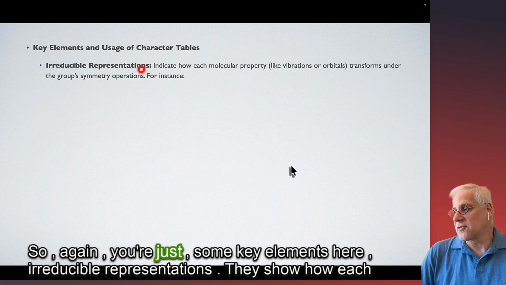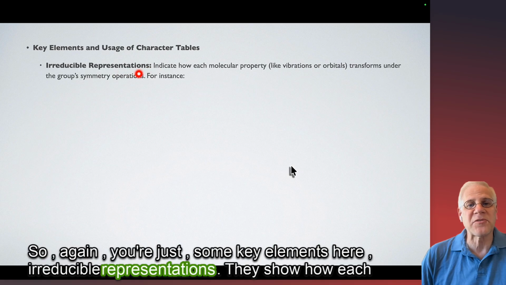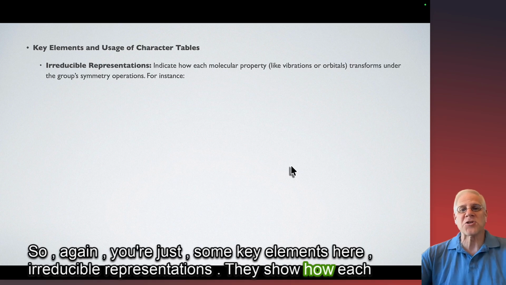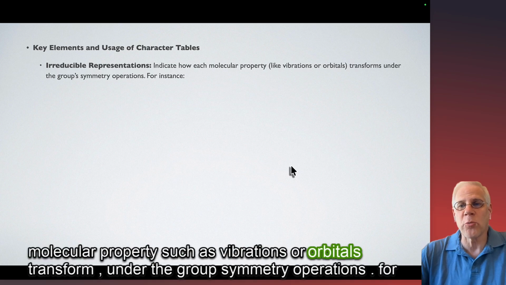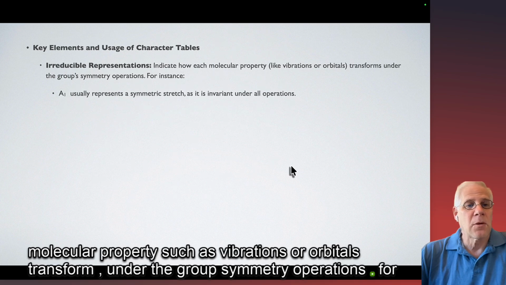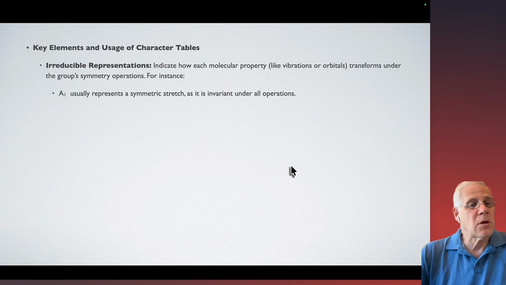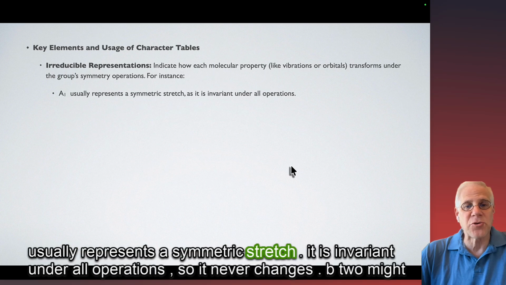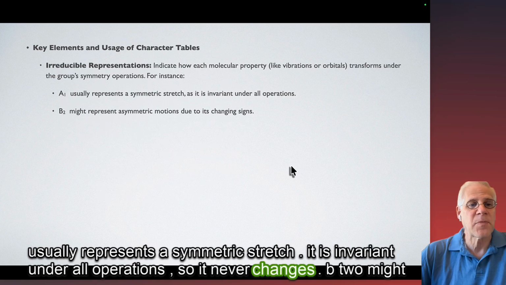So again, some key elements here: your irreducible representations show how each molecular property, such as vibrations or orbitals, transform under the group symmetry operations. For instance, an A1 usually represents a symmetric stretch. It is invariant under all operations, so it never changes.